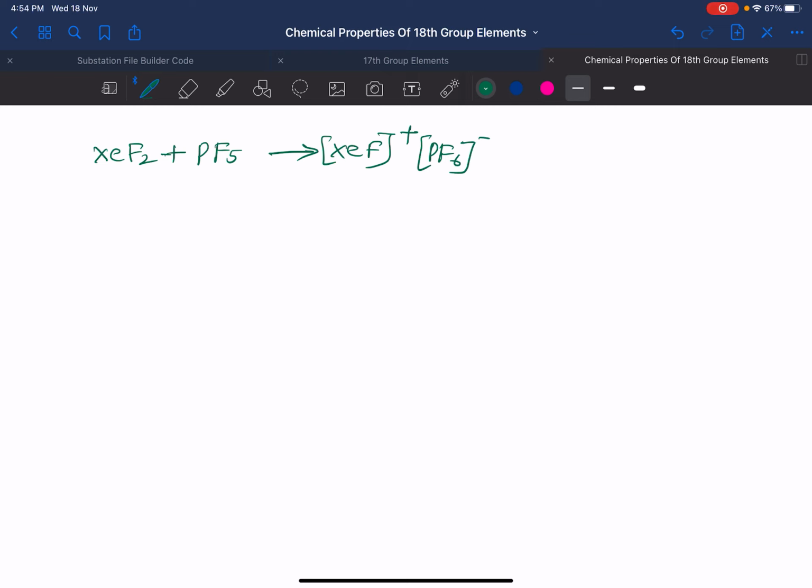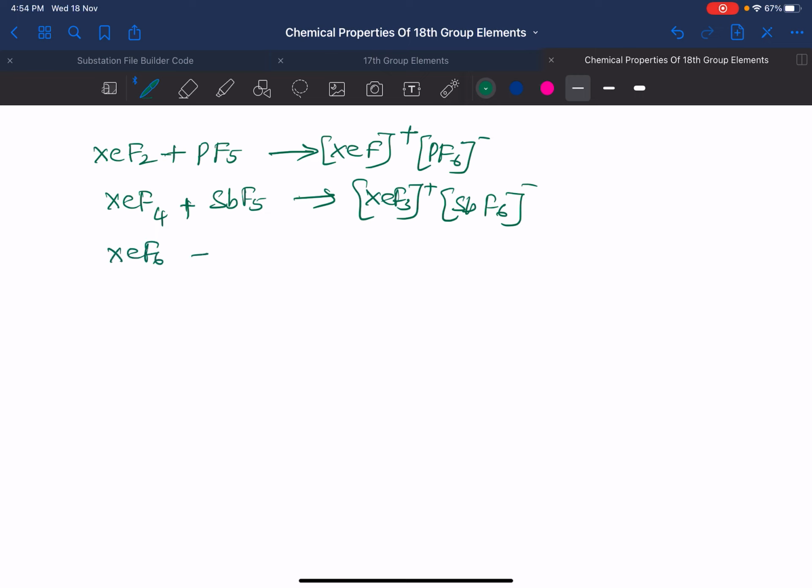So that is one complex ion. And next one is XeF4 plus another 15th group fluoride, antimony fluoride SbF5, which gives XeF3+ SbF6 minus.